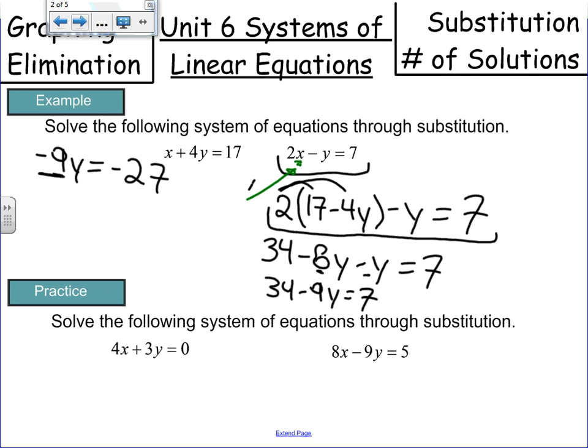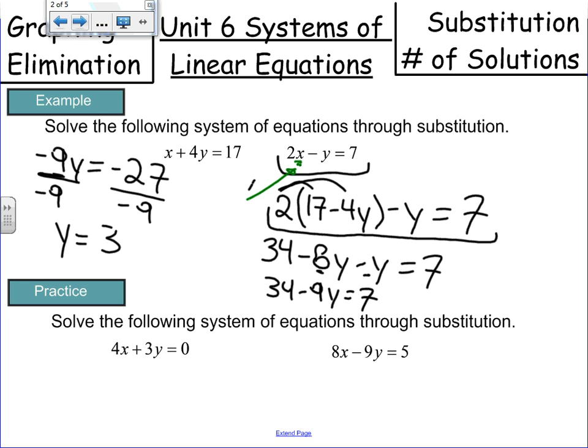Can I add negative 9? I don't want to get to 0. I want y by itself. So I'm going to divide both sides by negative 9. And you should get that y is equal to 3.